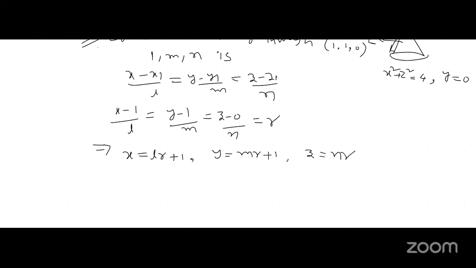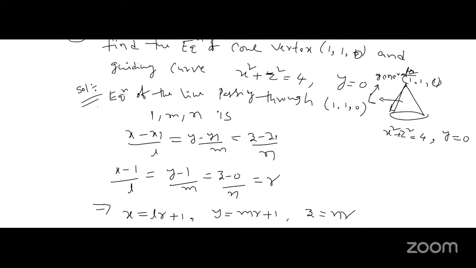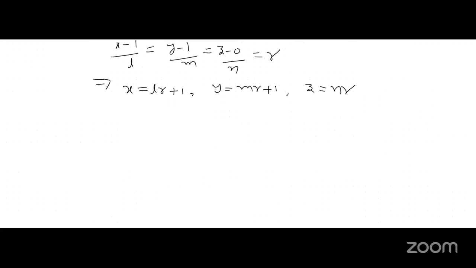Now the point should be on the given base curve. The point is LR plus 1, MR plus 1, NR. The base curve is x square plus z square equal to 4 and y equal to 0.